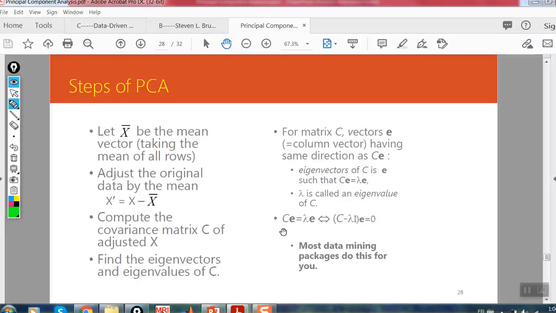You see that we put C in this equation, and then by considering the zero of the determinant of this matrix, we can calculate the eigenvalues, and then after that, putting eigenvalues in this equation, we can calculate the eigenvectors. We explained it in the previous session.